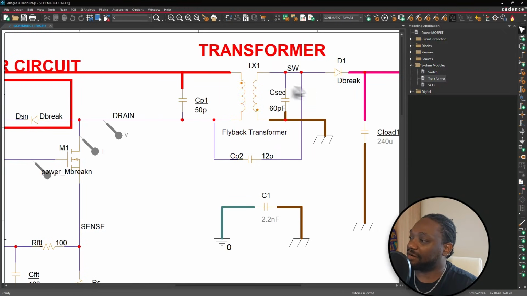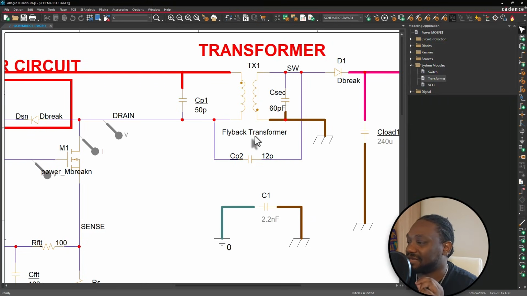You place that onto the schematic, and there are a few more things here. We have this parasitic capacitance between the primary side top and bottom rails, and then there's a capacitance between the non-dotted side on the primary and the non-dotted side on the secondary of my transformer.